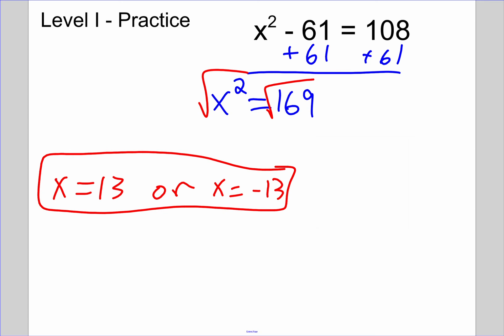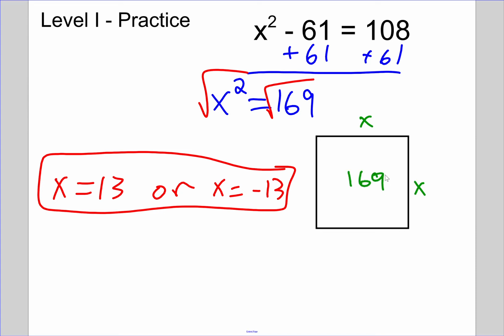Nothing crazy. And again, thinking geometrically, we've got a square with side length x, and it's 169 square units. Well, again, it's going to be 13 or negative 13, which vibes with our two solutions.